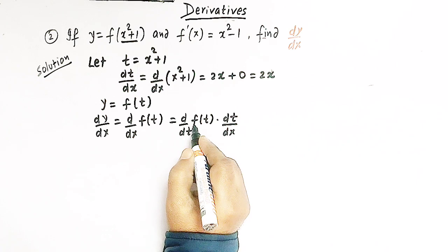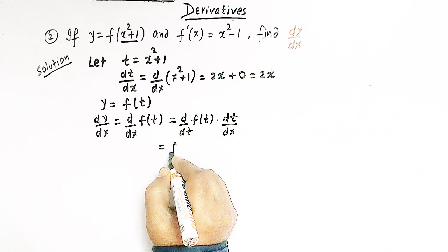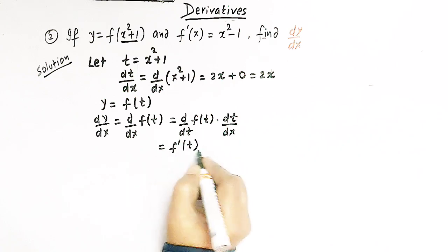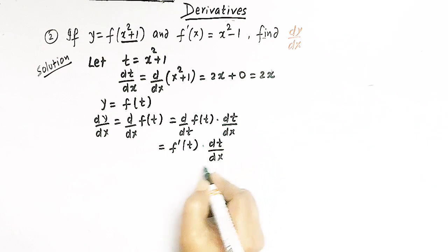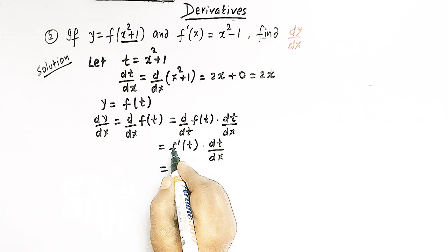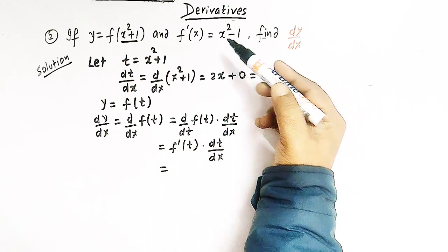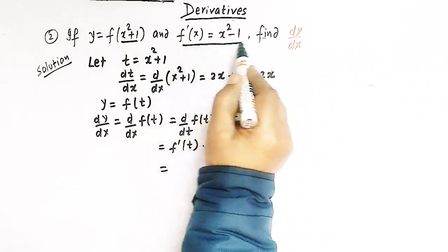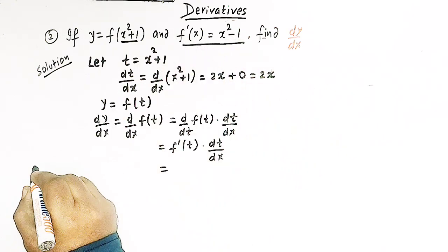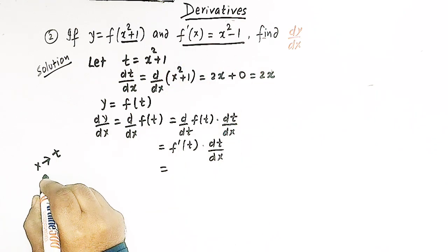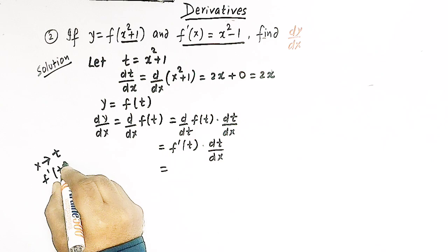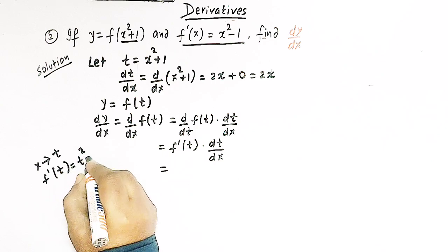Now d by dt of f of t is simply f prime of t, and here we have dt over dx. Now f prime of t can be obtained from this relation. So if we replace x by t in this expression, then f prime of t is equal to t square minus 1.